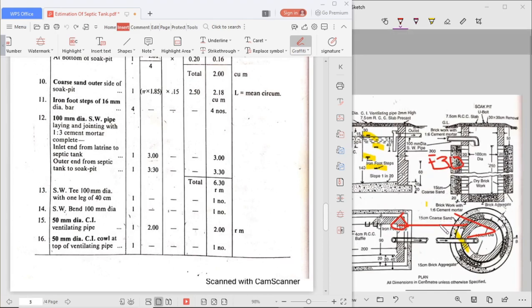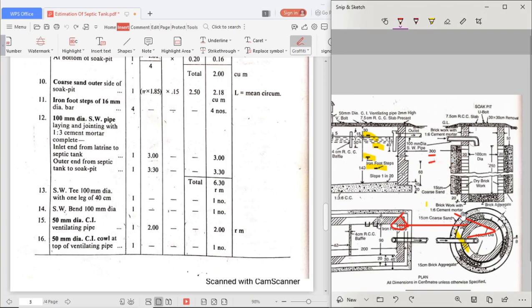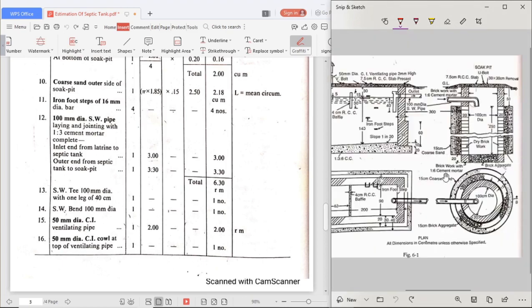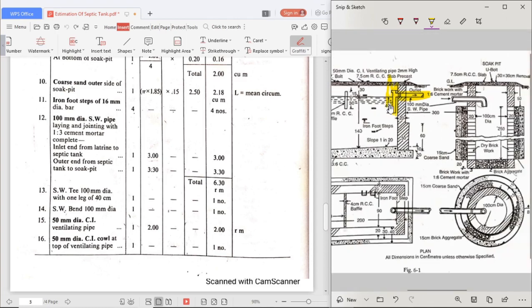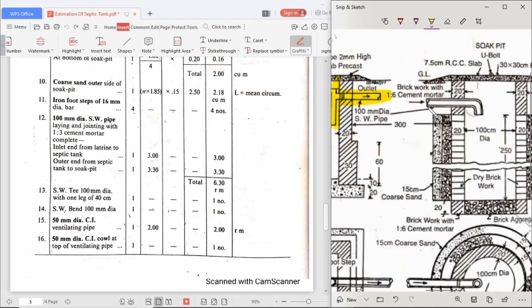Then what we are left out, then iron steps are over, then SW pipe 100 dia is over. Now here you see T, this is the SWT 100 dia with one leg of 40 centimeter. They have given one leg, it is 40 centimeter, and this is a T, it is 1, and you can see here another SW bend, 100 dia.